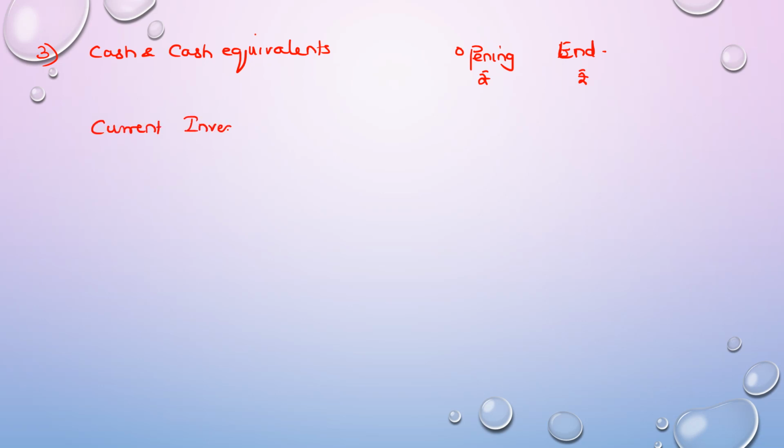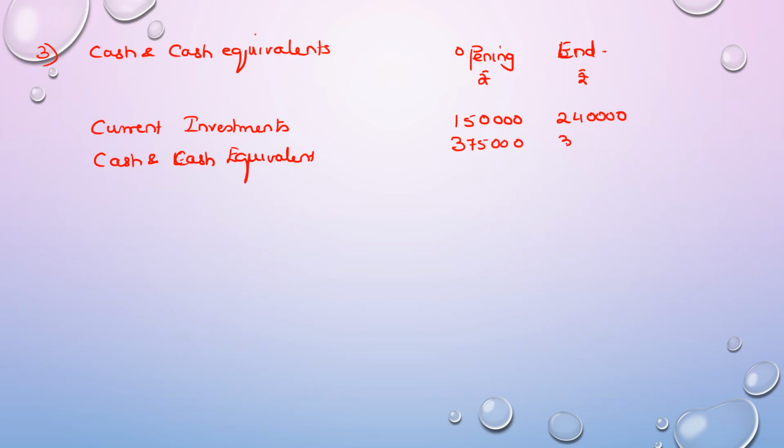Current investments, that was at 1,50,000 was the opening and the closing was 2,40,000. And cash and cash equivalent, which was given at the beginning, was 3,75,000 and the closing was given at 3,20,000. So just total this up. 5,25,000 and that was opening, and 5,60,000.